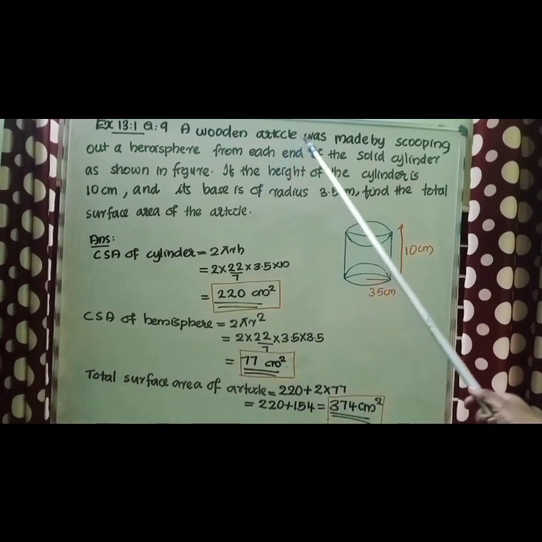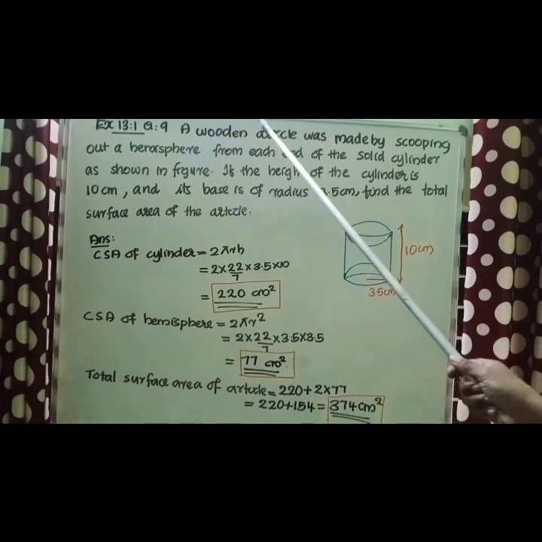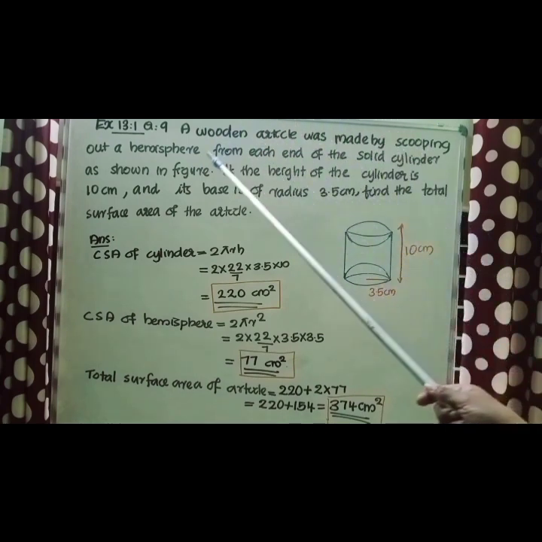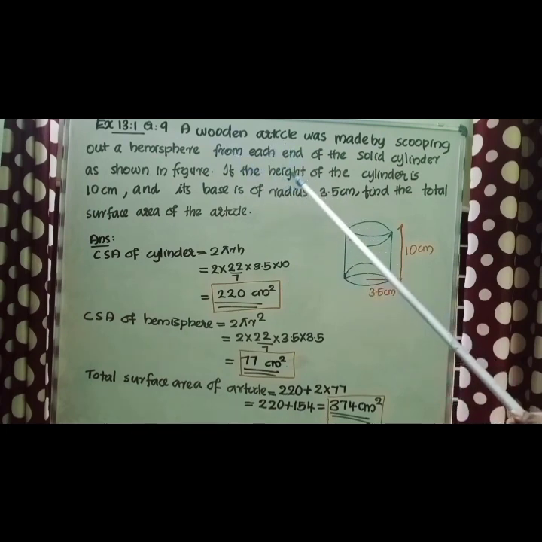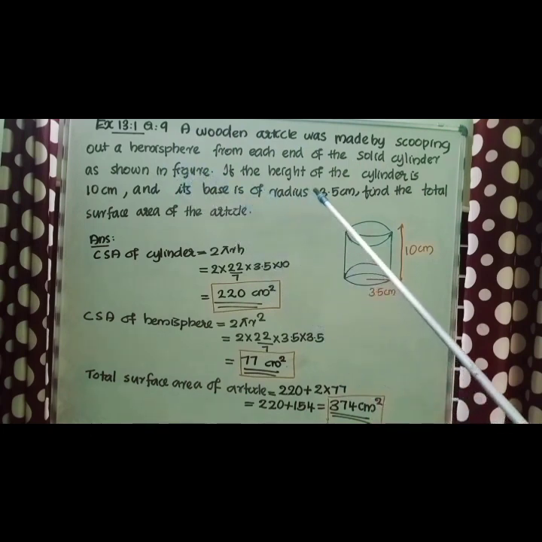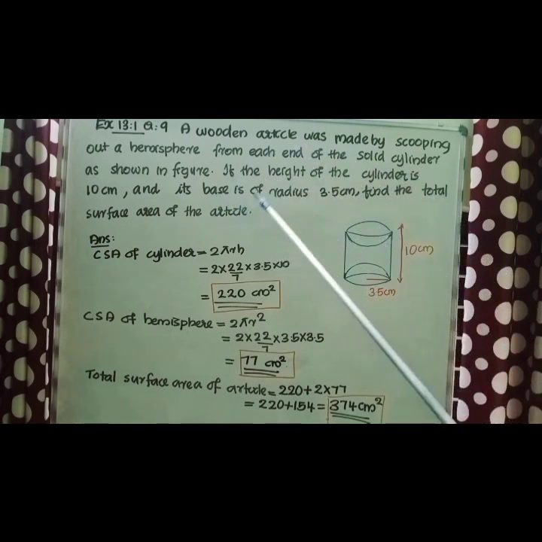A wooden article was made by scooping out a hemisphere from each end of the solid cylinder as shown in figure. If the height of the cylinder is 10 centimeter and its base is of radius 3.5 centimeter, find the total surface area of the article. So here is given the figure of the article.